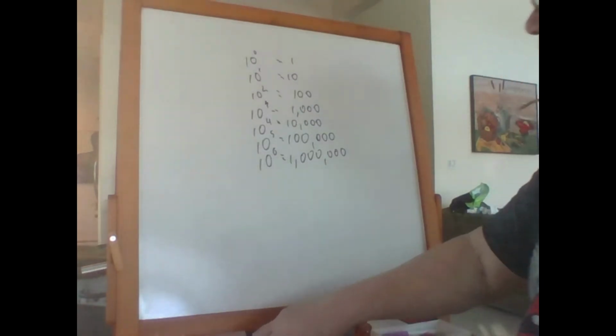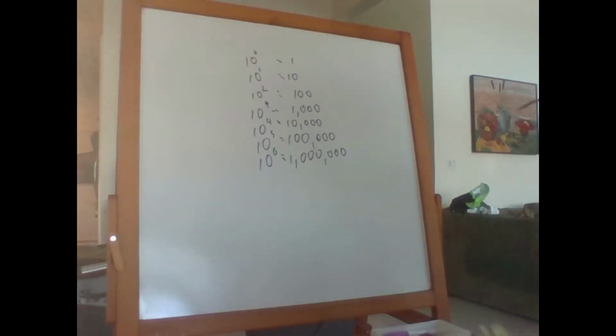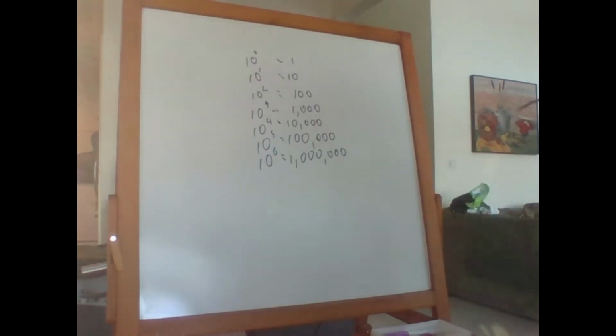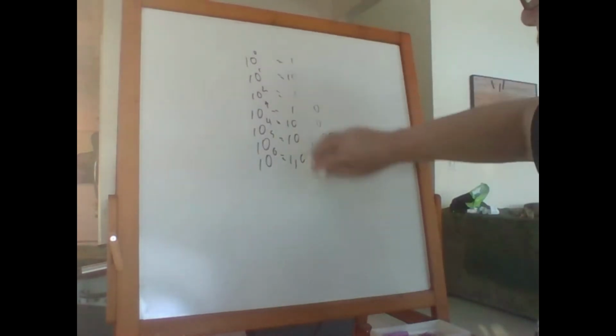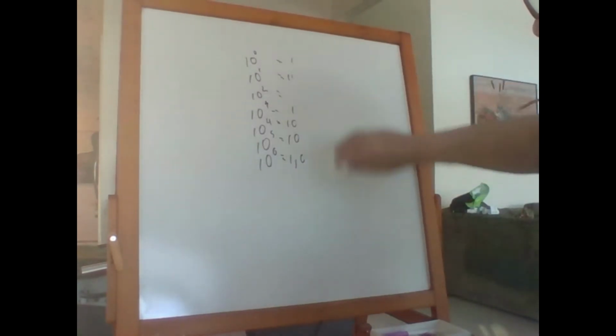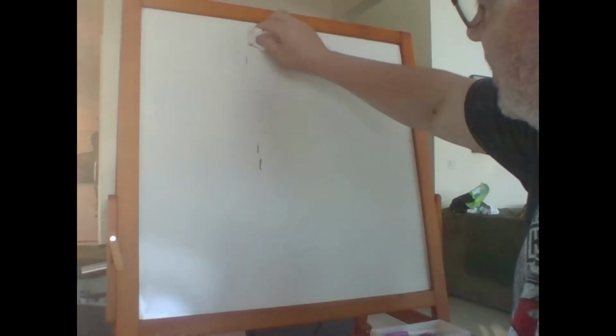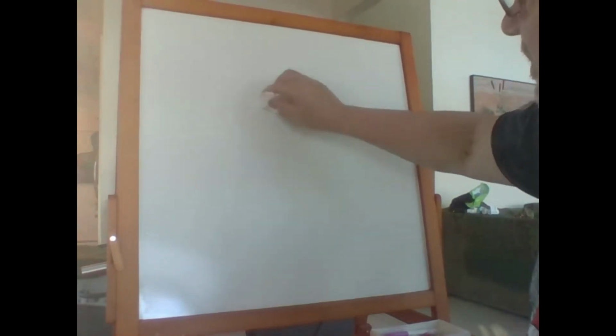But again, you see how these get very big very fast. And so there was a lot of calculating done to make tables for base 10.